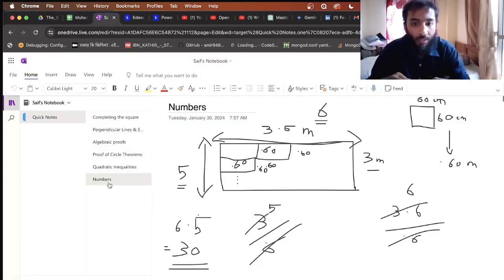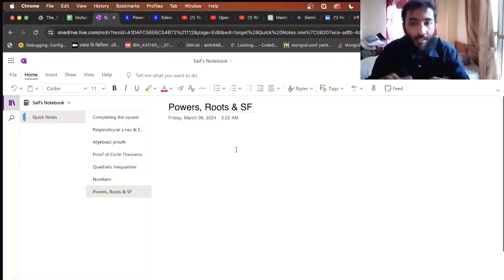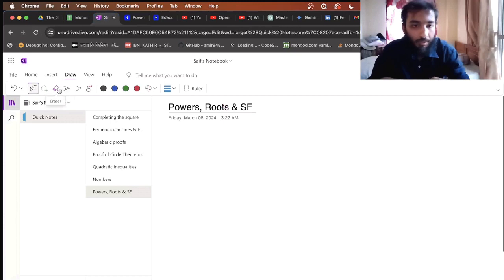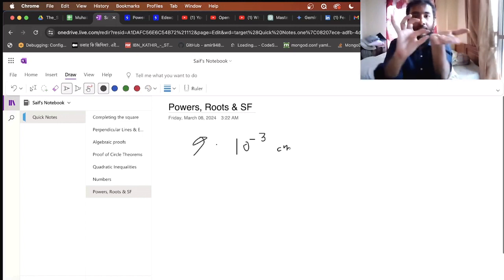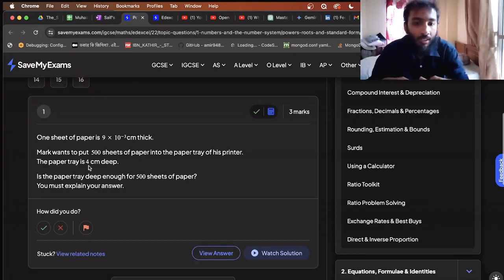If I open a new tab, the question says that one sheet of paper is 9 multiplied by 10 to the power minus 3 centimeter thick. So there is a sheet of paper that thick, and there is a paper tray.